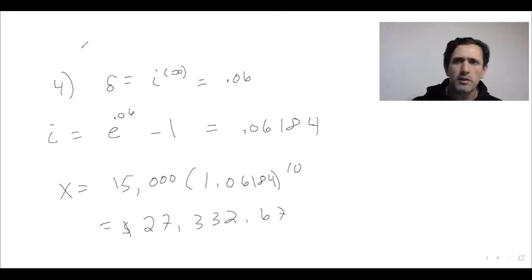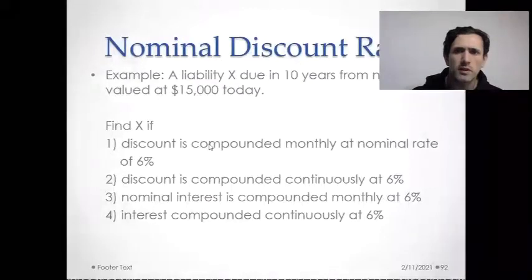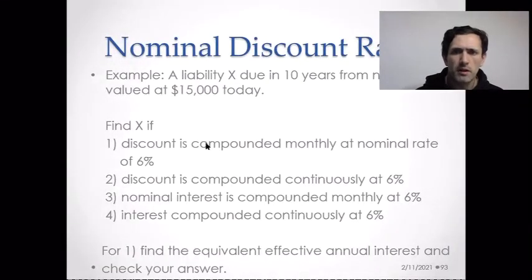Okay, let's do another quick, easy problem here. So for one, let's get the equivalent effective annual interest rate, and let's check our answer. In particular, let's check that the present value of our liability that we found is actually $15,000.